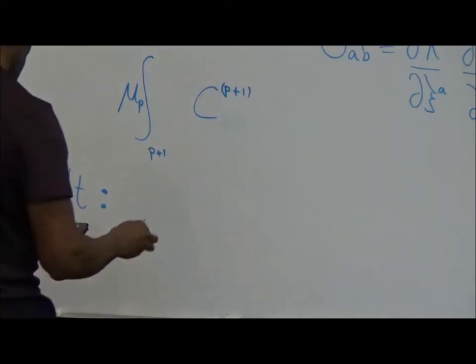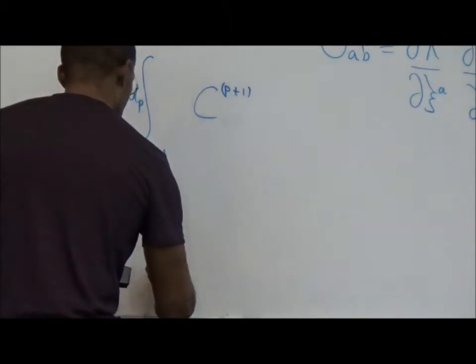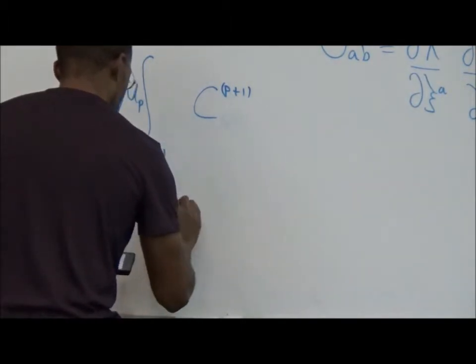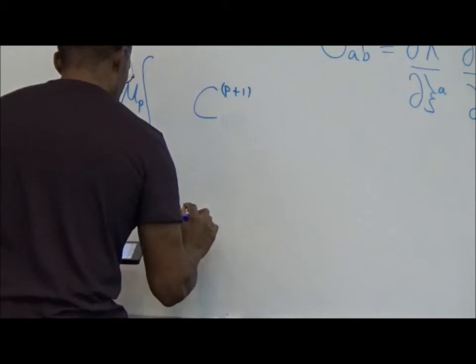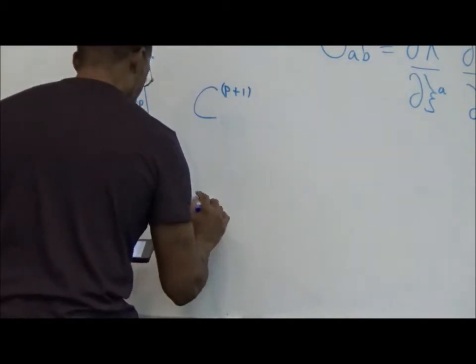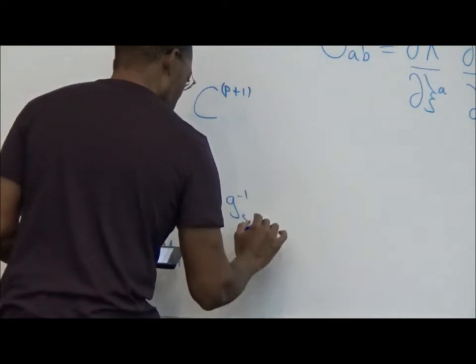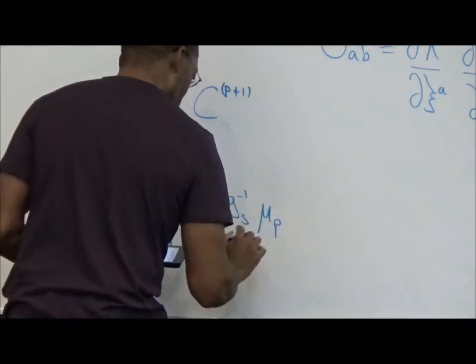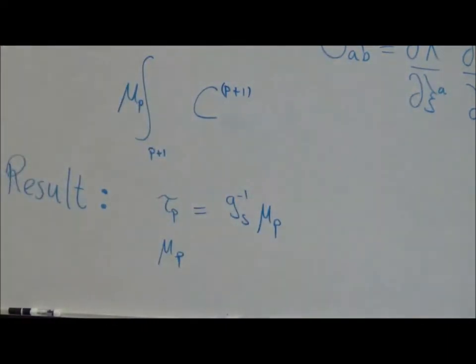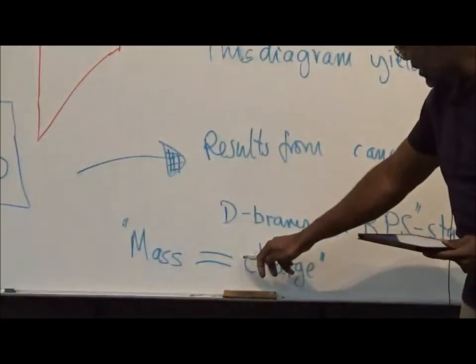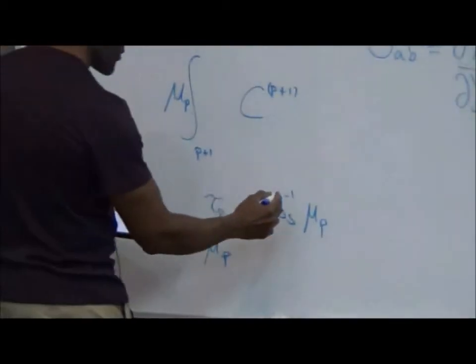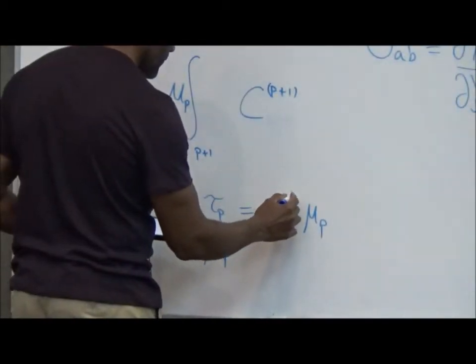Okay, here we go. Let me write it in a way that summarizes the mass equals charge result. So mass equals charge in this language; the extra factor is a factor of the string coupling that floats around.